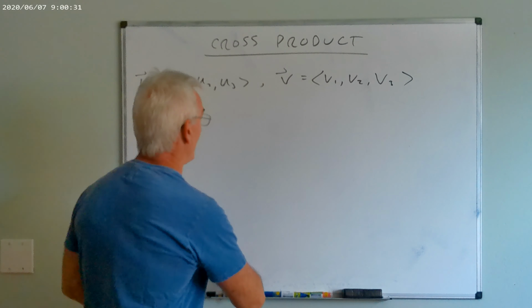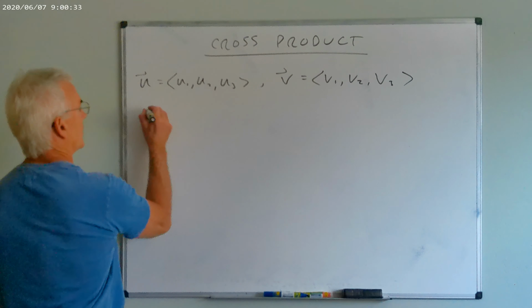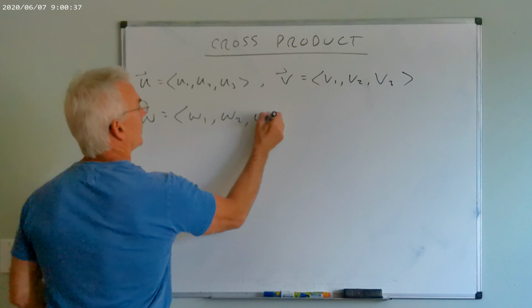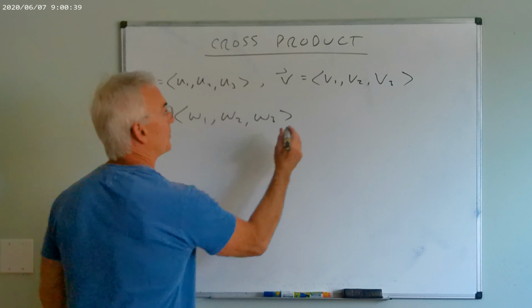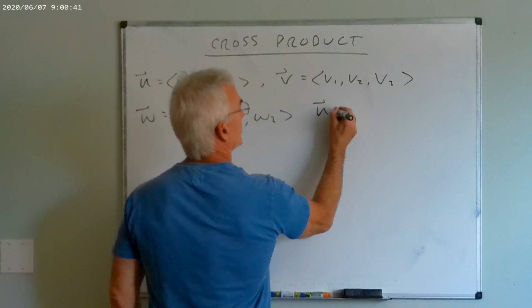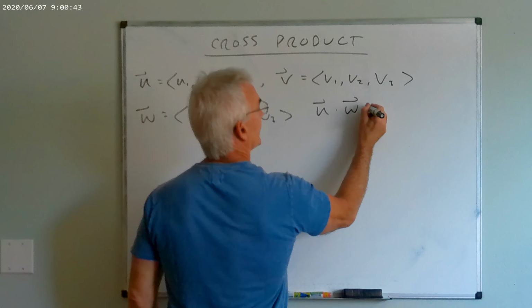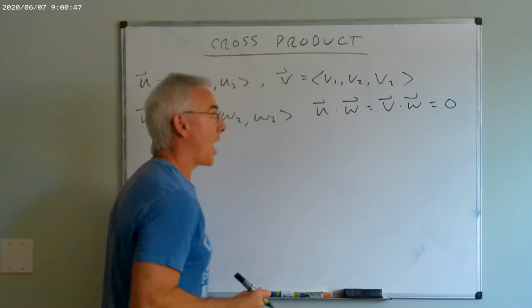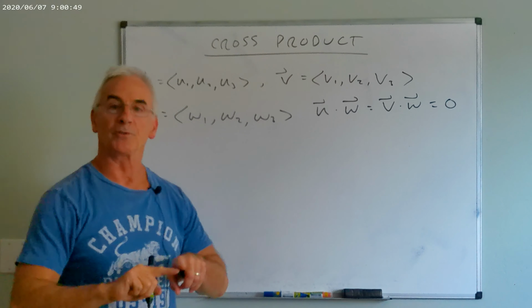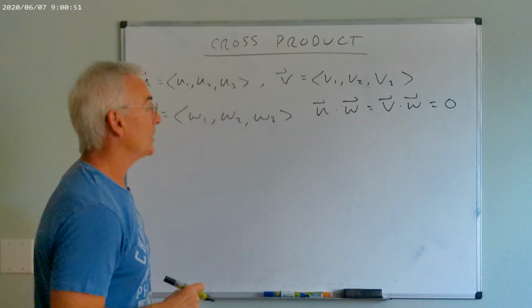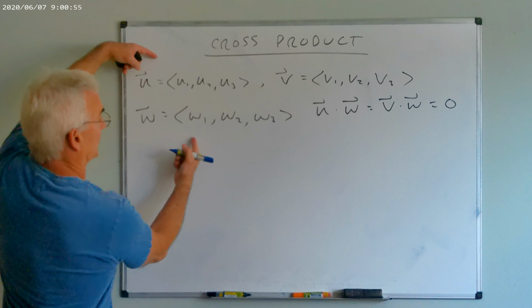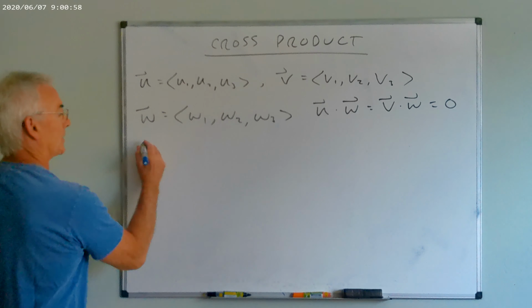So what we want to find is a vector W. Let's call it W1, W2, W3, so that U dot W equals V dot W equals 0. I want to find a vector that is simultaneously orthogonal to both U and V. The way I'm going to do that is perform the dot product and carry it through.